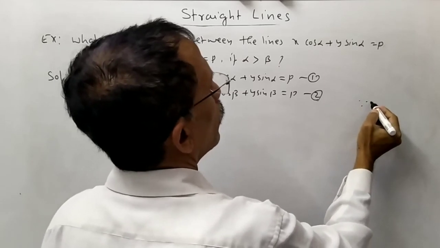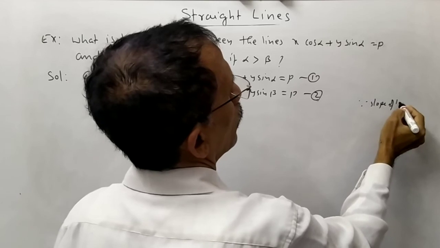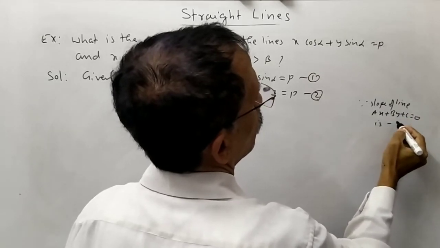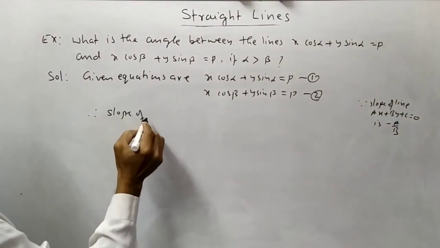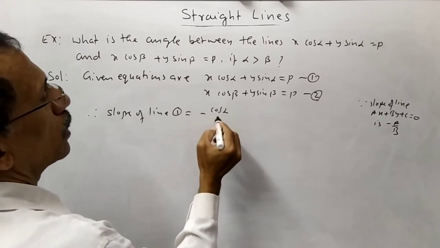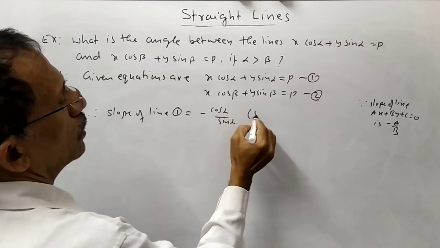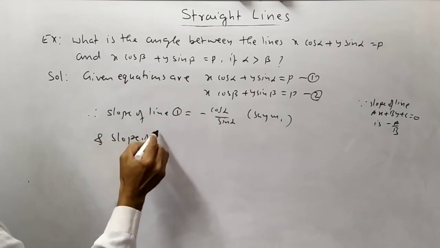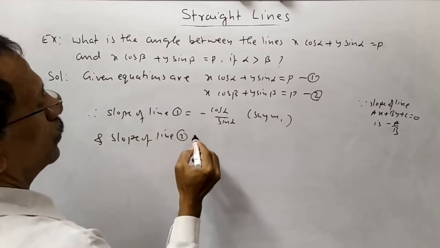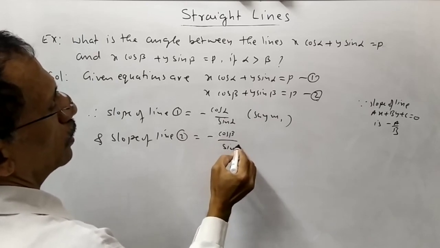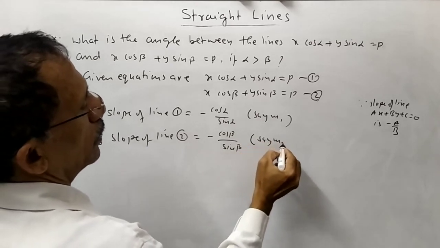Since slope of line ax plus by plus c is equal to 0 is minus a by b, therefore slope of line 1 is equal to minus cos alpha by sin alpha, say m1, and slope of line 2 is equal to minus cos beta divided by sin beta, say m2.